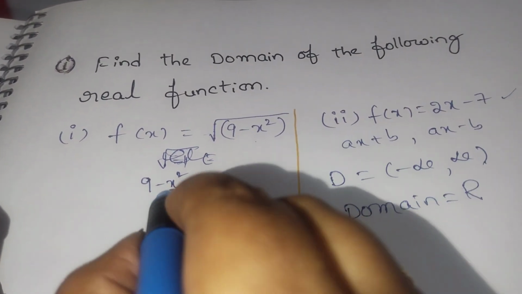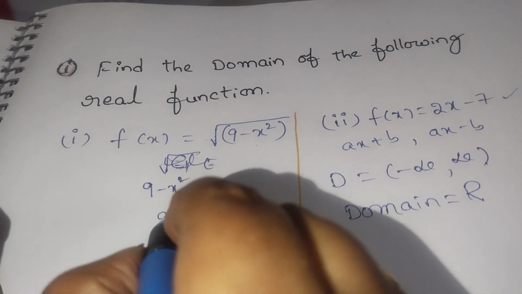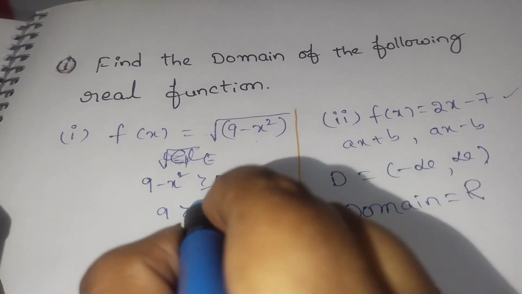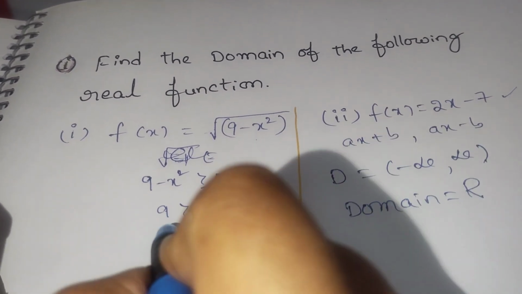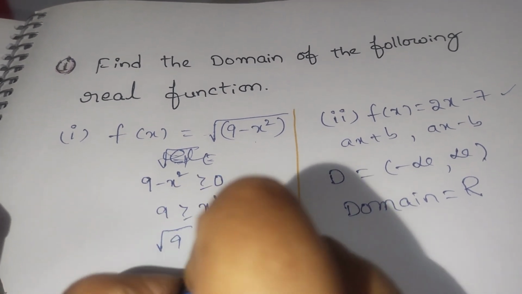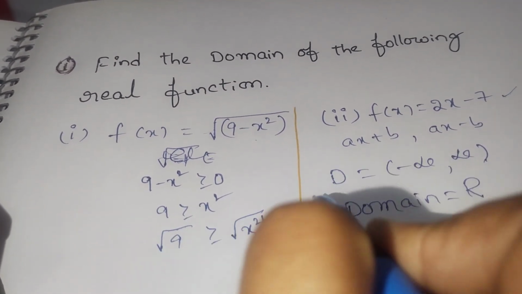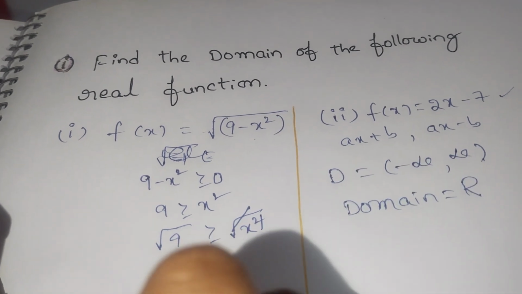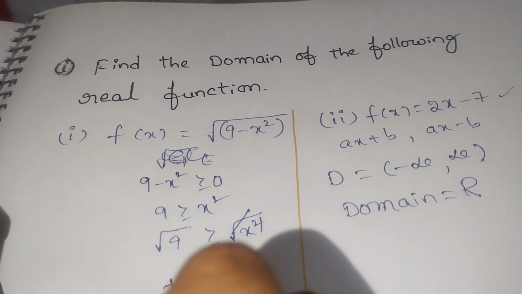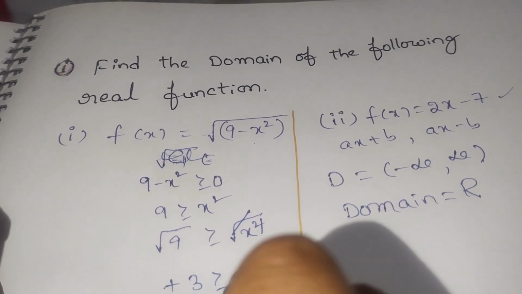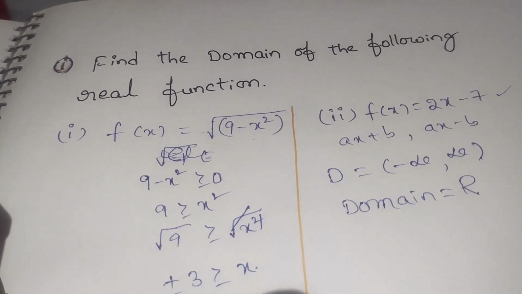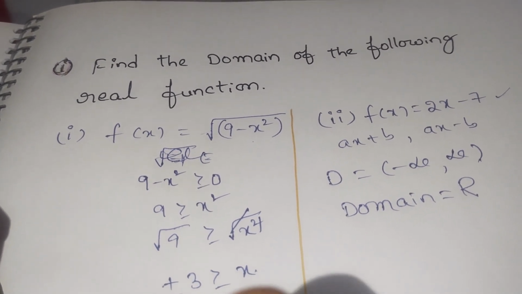Now send minus x square to the right hand side. We get 9 greater than or equal to x square. Now apply root on both sides to get the value of x. So cancel square and root. Now here plus or minus 3 we get, that is greater than x. So x is less than or equal to plus or minus 3.